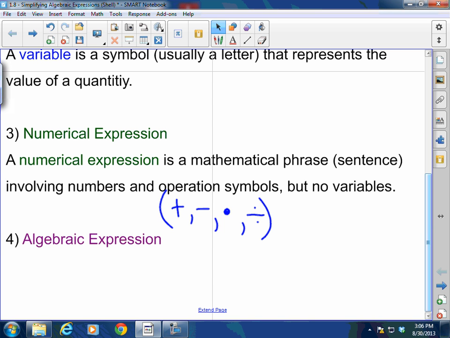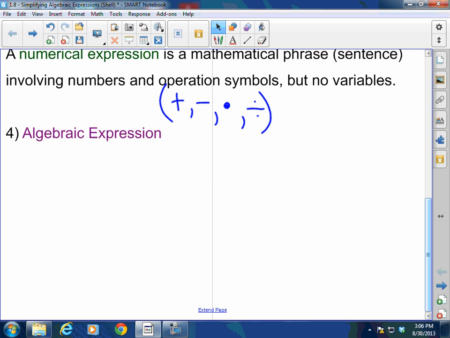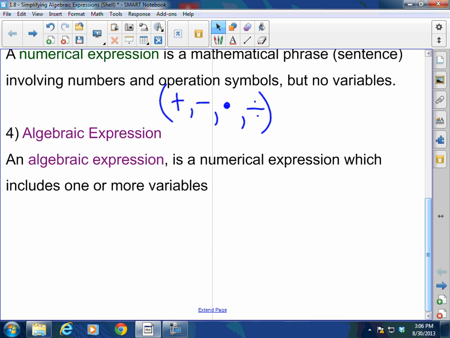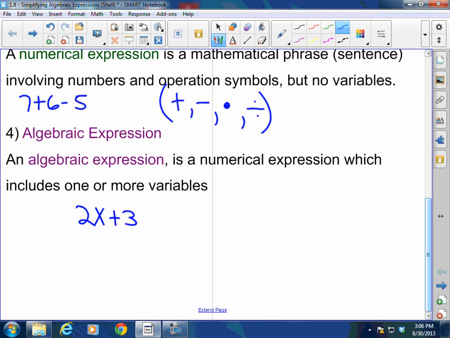So if you have a bunch of numbers involving operation symbols, no variables, it's a numerical expression. An algebraic expression is a numerical expression which includes one or more variables. So an example of a numerical expression would be 7 plus 6 minus 5. An example of an algebraic expression would be 2x plus 3, because there's a variable.